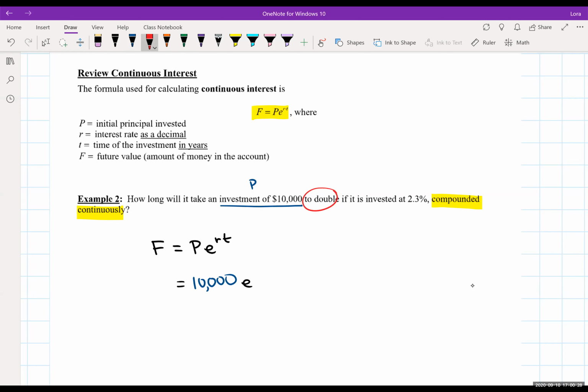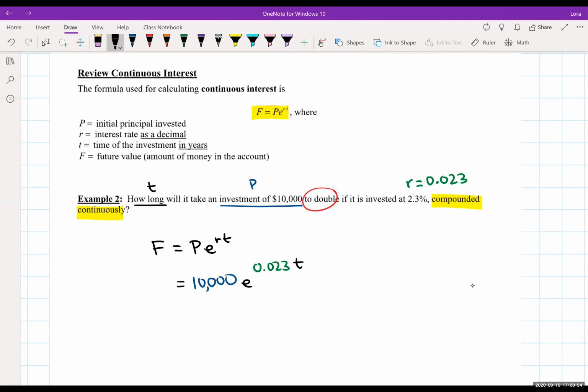If it's invested at 2.3%, that's our r in a sense. We're actually going to have to move the decimal over, so 0.023, compounded continuously. So the how long part is our variable t, that's what we're looking for, time.